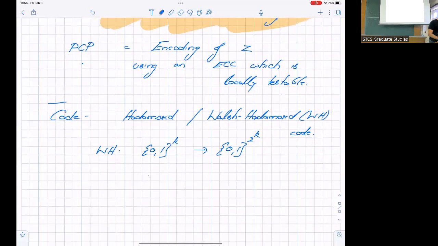It takes a Z and outputs L alpha of Z for all alphas in F2^k. So it gives the evaluation of every possible linear function at this point.